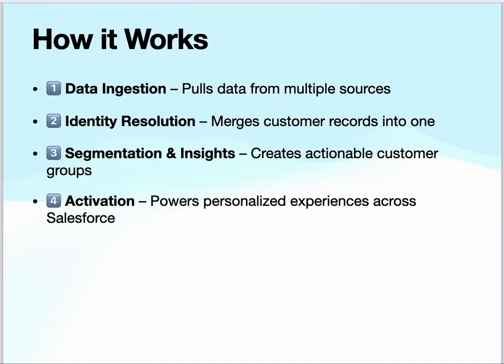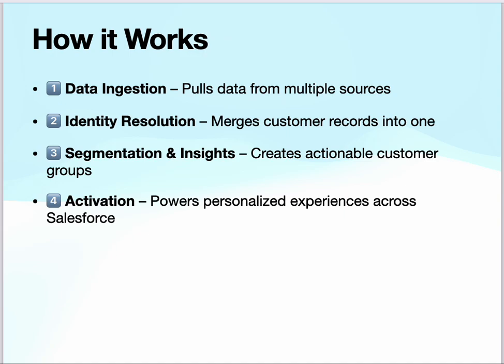The second one is, once the data is in here, you're going to do the identity resolution, because the data is coming from so many different sources, and you need to identify this person as one individual. These customer records that are coming from different systems, you need to identify as one individual, and you have to create one profile for each customer.